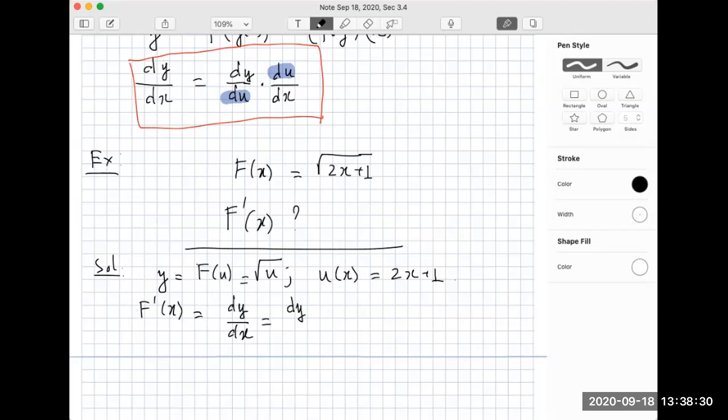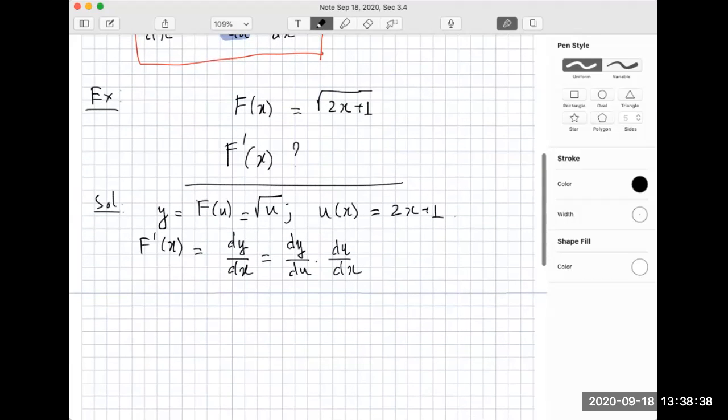Yes. And? Perfect. Okay, it means that we need to compute the derivative of square root of u, right? d over du of square root of u times du over dx. It means d over dx of 2x plus 1, right? Look at this. This is square root of u, which means that it is u to the 1/2, right?